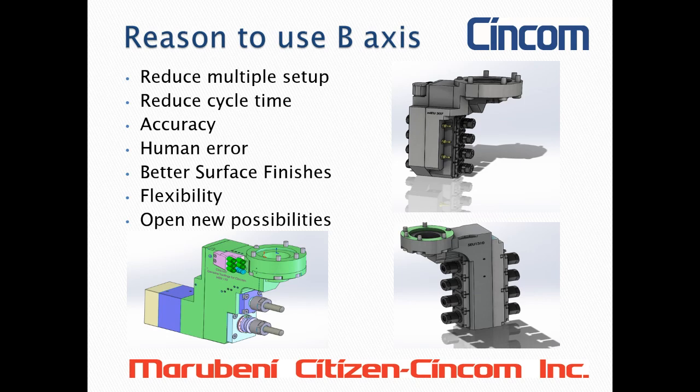Everybody out there knows that during these times we're getting crazy and crazy complex contouring, surfacing, very complex parts. So having a B-axis machine will allow you to have a lot of new possibilities in your shop.